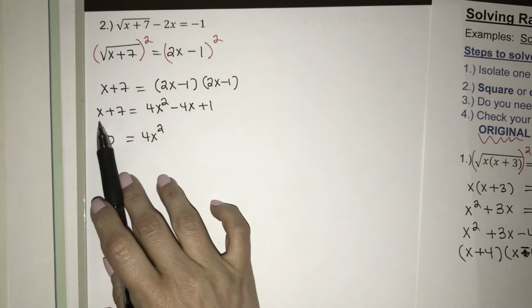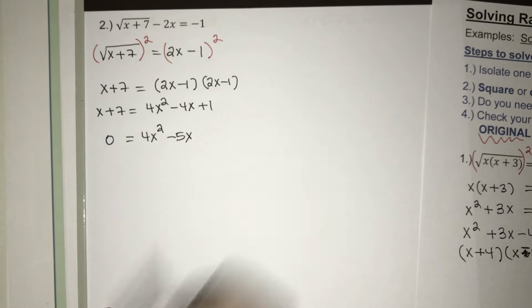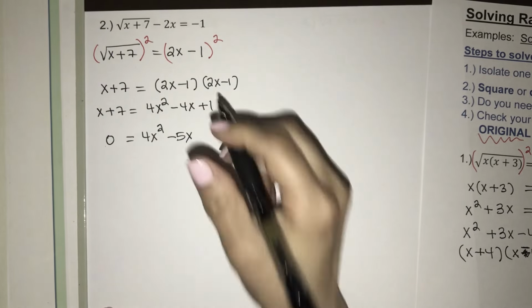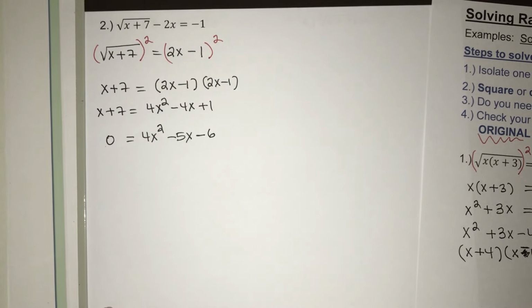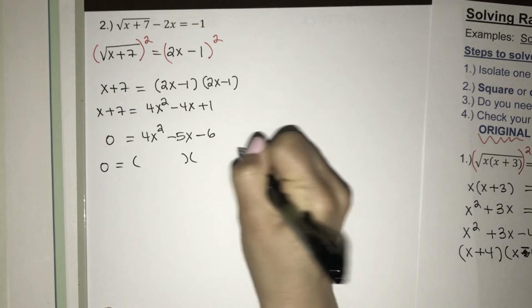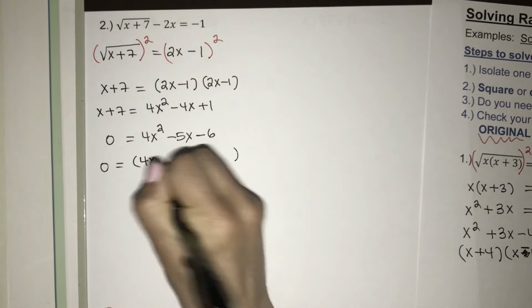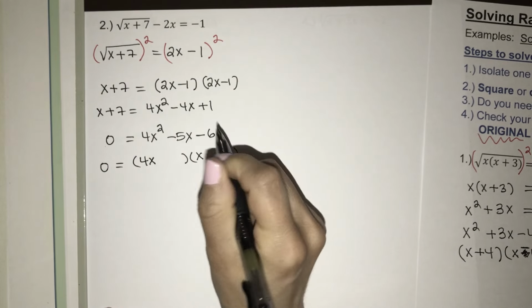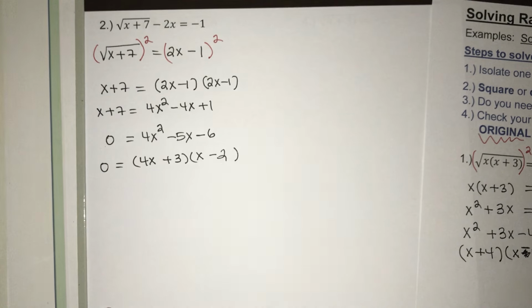I have to subtract x from both sides, which gives me minus 5x. And we also need to subtract 7, which gives us negative 6. From here, this is actually factorable, so let's go ahead and factor it. Just make sure that you factored it correctly.